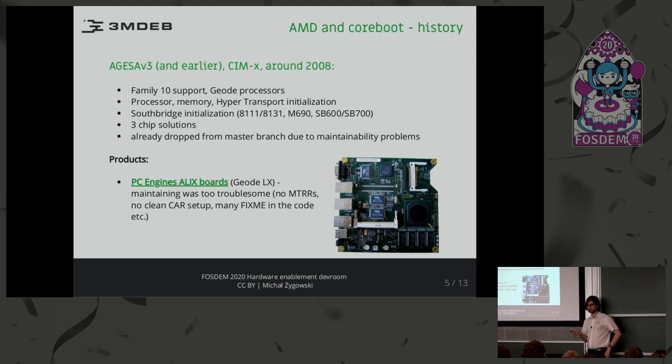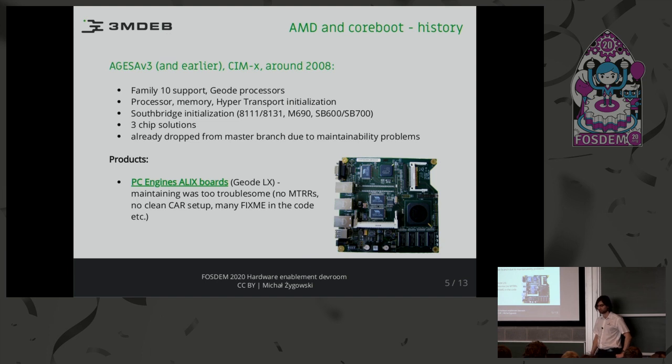And there were problems with the cache-as-RAM setup. Cache-as-RAM is a temporary memory solution on x86 processors. For example, there was code that initialized 500 megabytes of memory just temporarily, and we later fixed it. There were a bunch of places like that, and the community decided to drop this support because it was holding back the whole project.